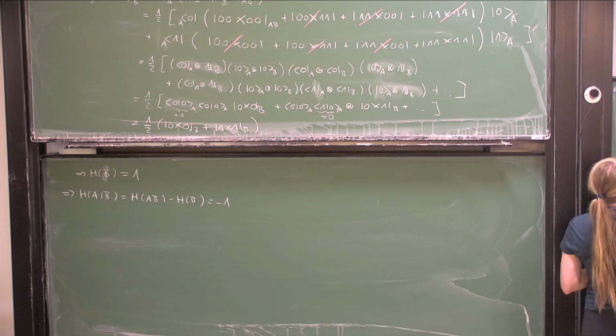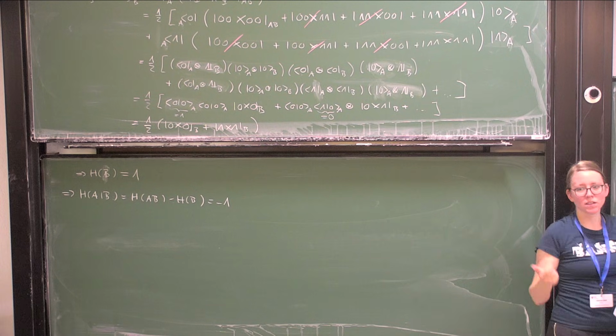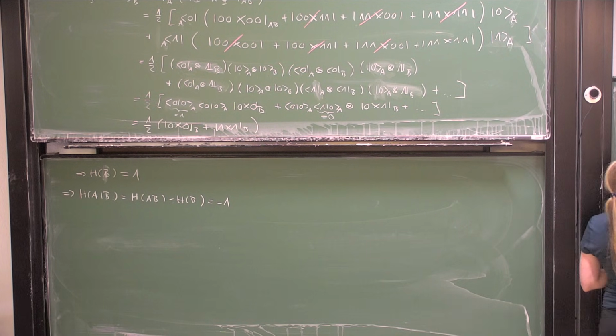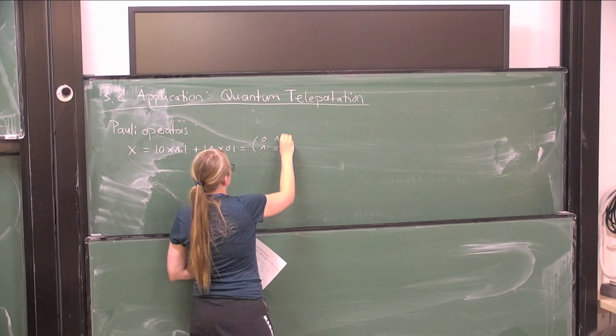And you can very neatly write them in terms of these kets and bras that we have. So the X operator can be written like this. And if you write it as a matrix, it simply looks like this.